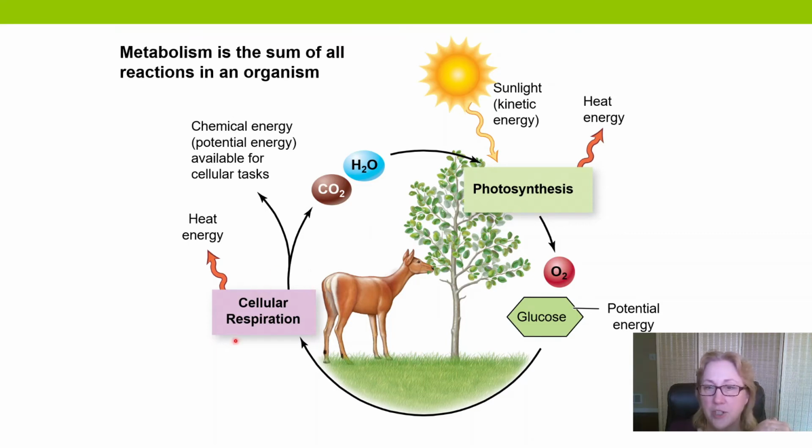Cellular respiration is the process of taking potential energy in food molecules, sugars, proteins, and fats, and converting that potential energy into energy of cellular work: muscle contraction, chemical synthesis reactions, moving things across the membrane, moving vesicles around in the cells. Those are all work that is done by cells. And the products are carbon dioxide and water. And you see some heat is released because every time energy is converted from one form to another, it's never 100% efficient.